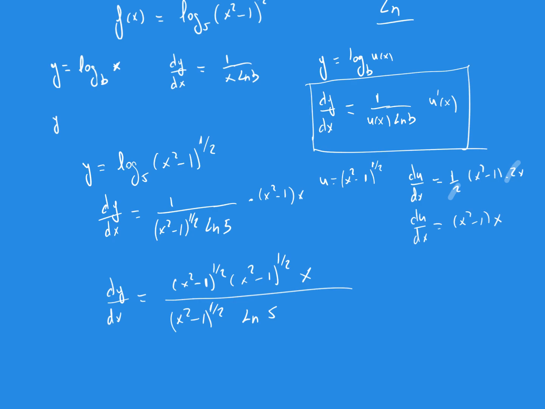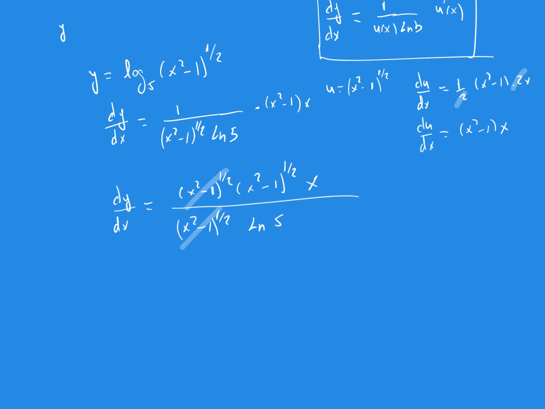Now what I did is that this term will cancel, will produce a 1. So the derivative of y with respect to x will be x squared minus 1, 1/2 multiplied by x divided by the natural log of 5.